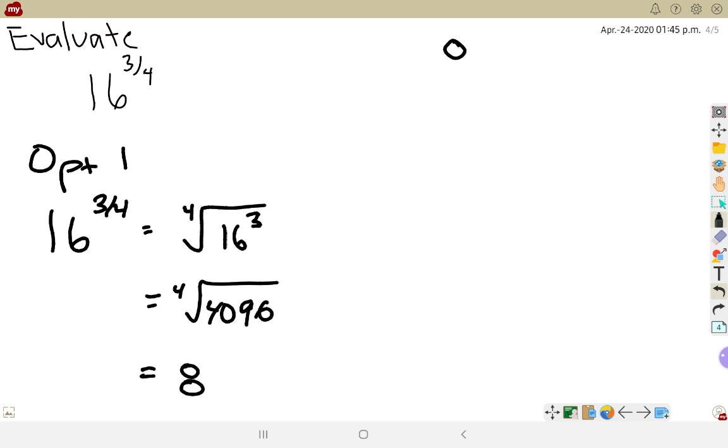I'm just going to change the way I look at it. Okay, so what I'm going to do is, instead here, I'm going to think of 16 and 3 over 4 as the exponent. I'm going to break this apart. I'm going to think of it as 16 with an exponent of 1 over 4 and use my exponent law to put my other exponent outside, right?